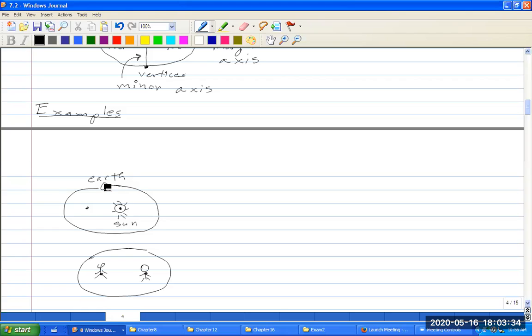So if you have any celestial object that is in a fixed orbit around another object, then they go in an elliptic path, or circular path, very unusual for circular, but an elliptic path, where the center of what you're orbiting lies on one of the foci of the ellipse.